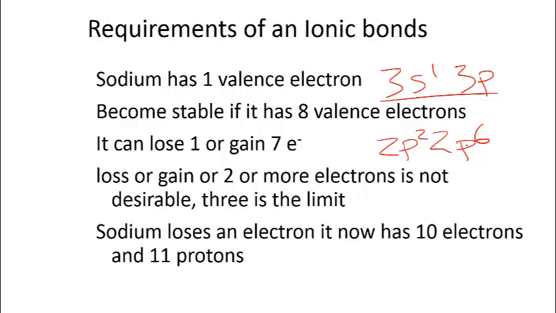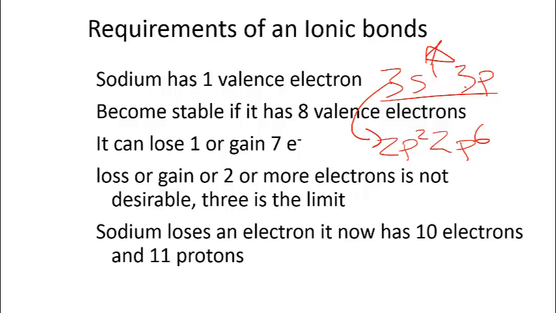So, from an energy standpoint, it's far more favorable for sodium to lose the 1 electron in its outer 3s orbital, to get this outer valence shell electron configuration, than it is for it to gain 7 to fill its 3s and 3p orbitals.